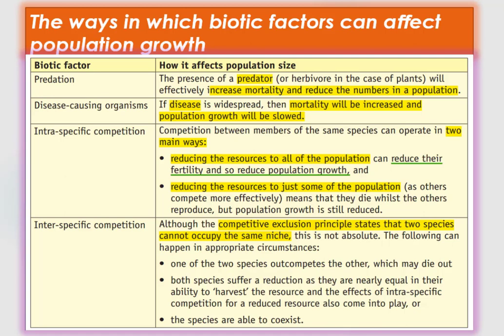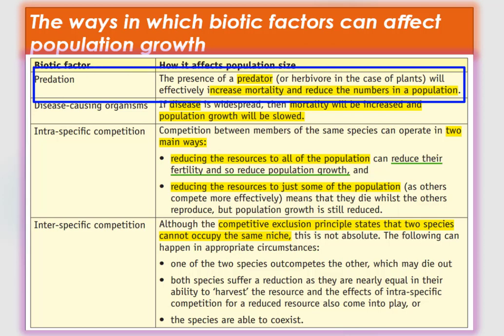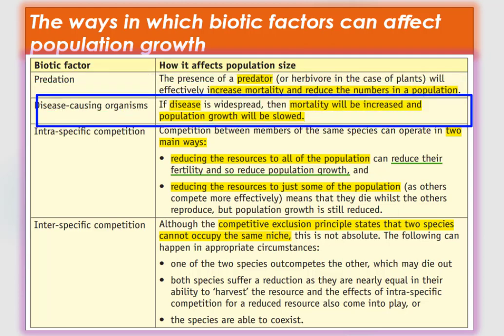Let us summarize the ways biotic factors can affect population growth. How does predation affect population size? The presence of a predator, or herbivore in the case of plants, will effectively increase mortality and reduce the numbers in a population. How do disease or disease-causing organisms affect population density? If disease is widespread, then mortality will be increased and population growth will be slowed down.